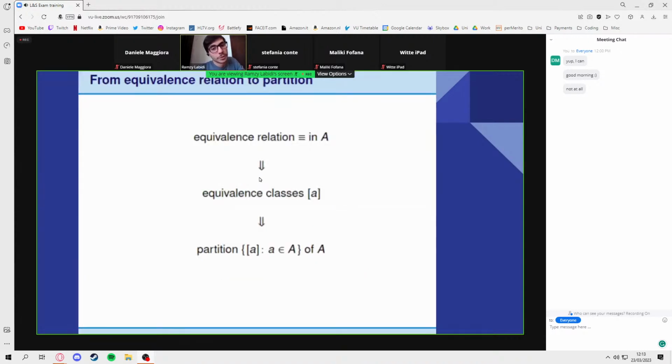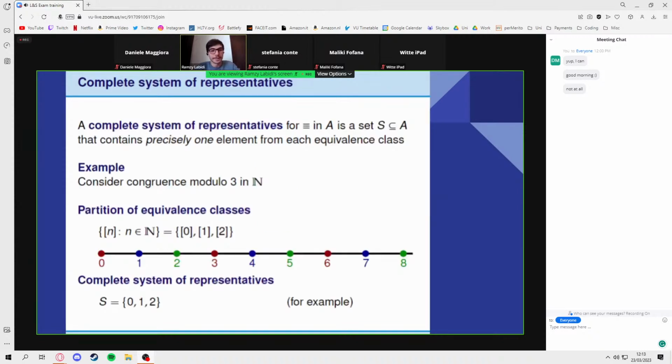And from equivalence, we derive equivalence classes. These are partitions of A, where each element belongs to a distinct class. For example, if you want to make up a complete system of representatives for the equivalence in A, then there could be a set in A that contains precisely one element from each class.